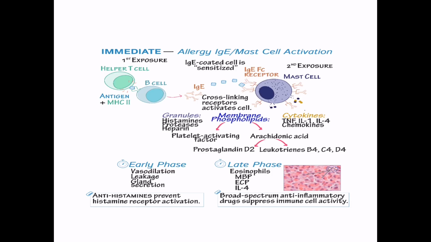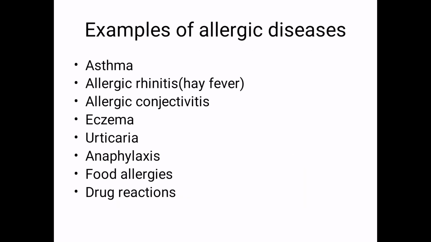These granules contain histamine and leukotrienes and cause the acute phase reaction. The late phase reaction is caused by neutrophils, eosinophils, and other WBCs that cause inflammation.